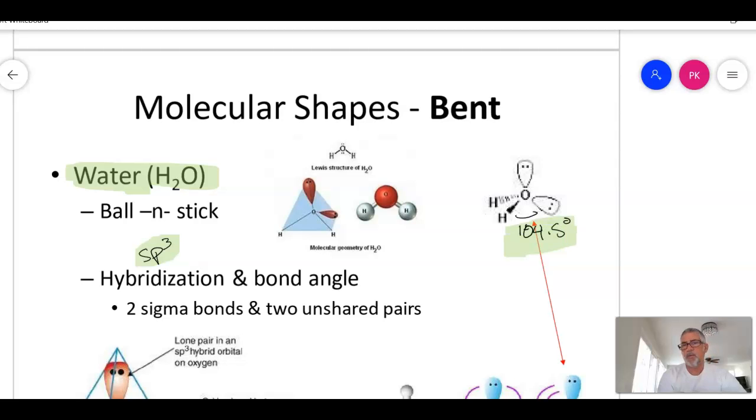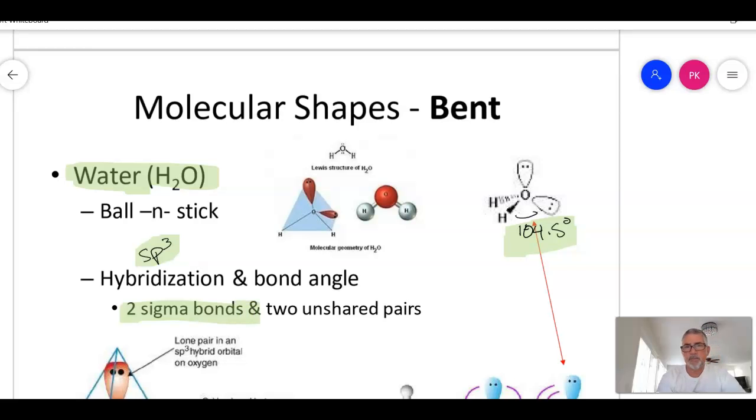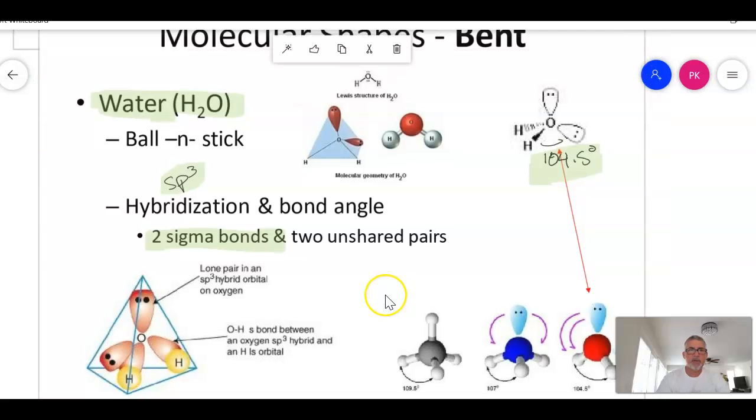That's my bond angle. Remember, because I have two unshared pairs, they squeeze those bonds down, right away from them. It's 104.5 degrees. And since I only have two atoms attached, I have 2 sigma bonds. And you can see that right here as well.